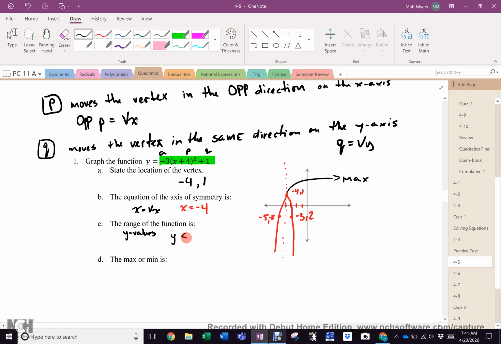Y is less than or equal to 1. The max or min, y equals 1 at x equals negative 4.